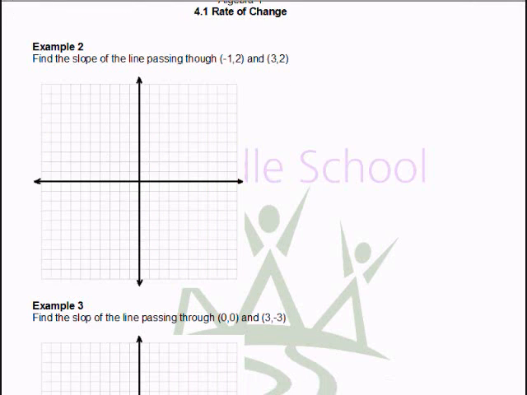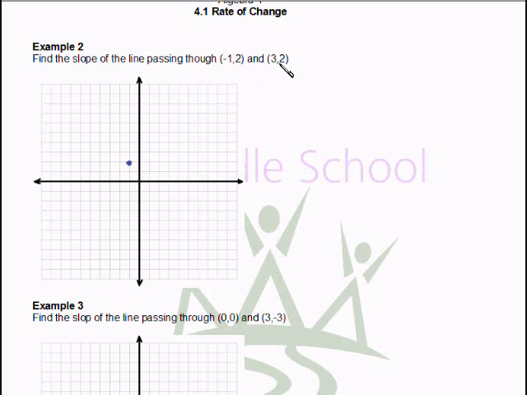Let's go blue. Okay, we have: find the slope of the line passing through -1, 2 and 3, 2. So we plot the first point, which is -1, and then up 2.